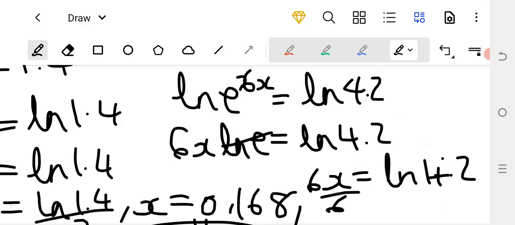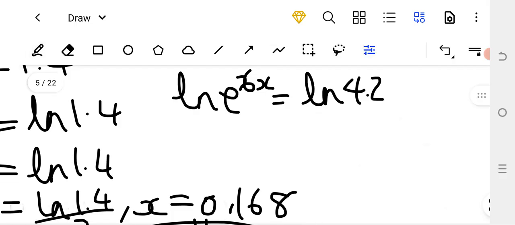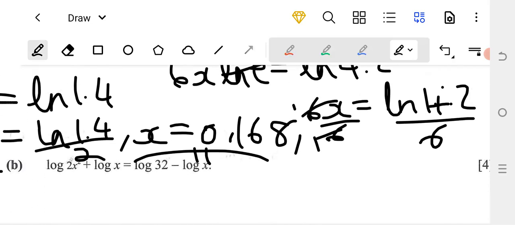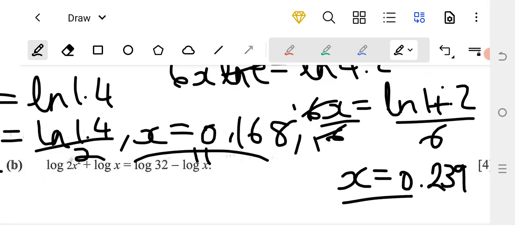We divide by 6. x is equal to ln 4.2 divided by 6. So ln of 4.2 is that answer. Then you divide by 6. It's going to give you 0.239 as your answer there.